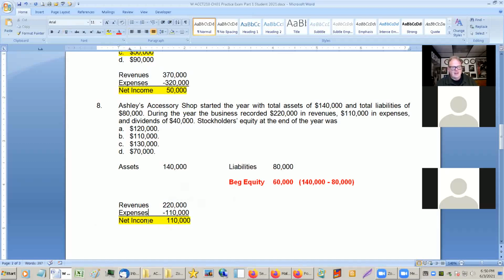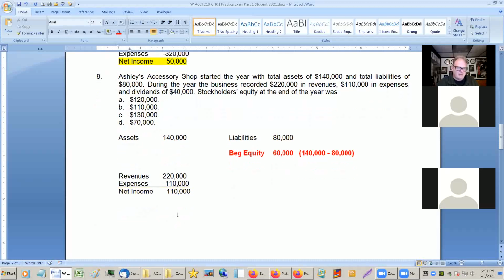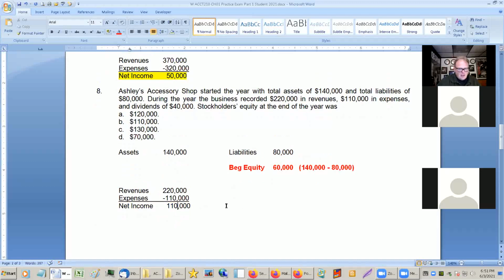And net income. This net income of 110 is an unhappy coincidence. These two are usually not the same. They can be, but they're usually not. Okay, so basically, somewhere in this beginning equity, you would have the retained earnings statement.